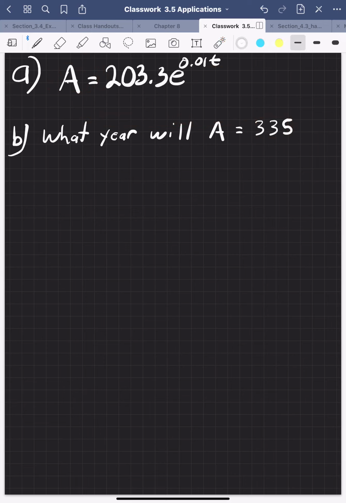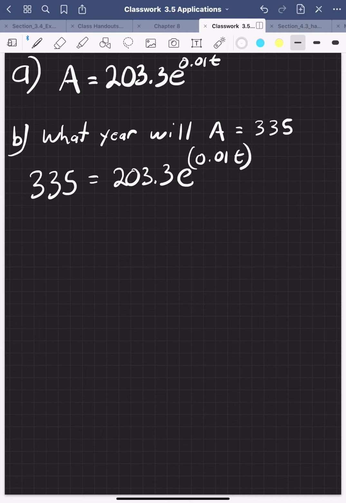So let's just go ahead and finish that up. So let me write it in. So I got 335 is equal to 203.3 e to the power of 0.01 t. And you guessed it, we're going to solve for t using the exact same steps from part A. So divide by 203.3, divide by 203.3.